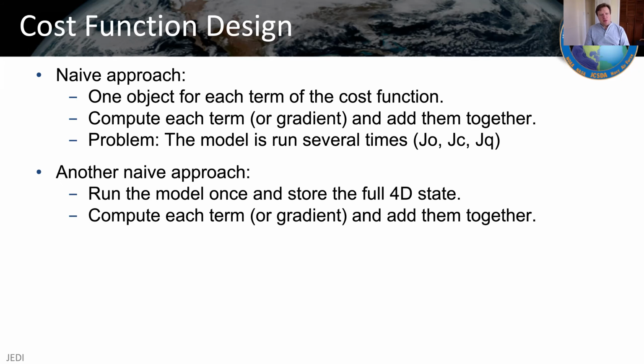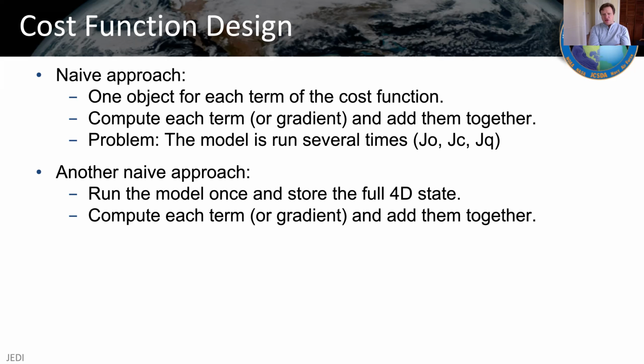So the other approach would be to run the model once and store the full 4-dimensional state. And then you can compute each term of the cost function based on that. So you have your x, what I was denoting as xi on the previous slide, all in memory for all the i's from 0 to n.